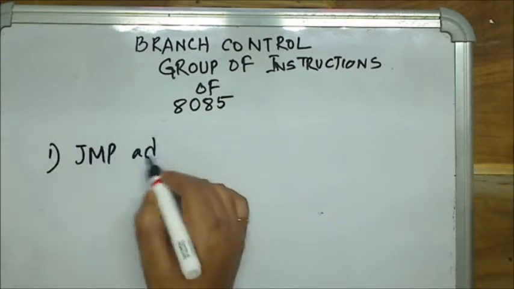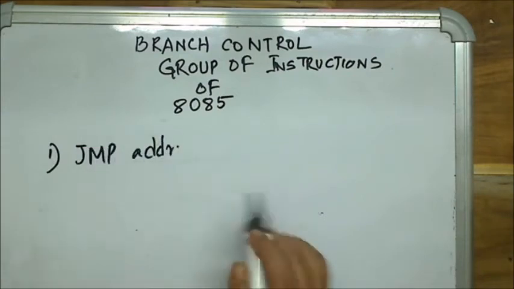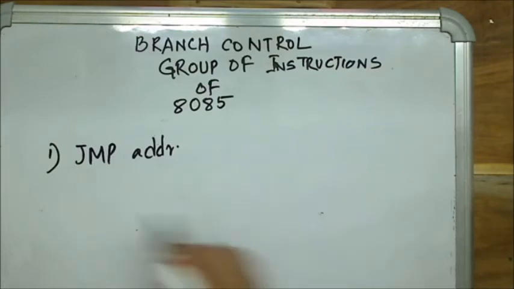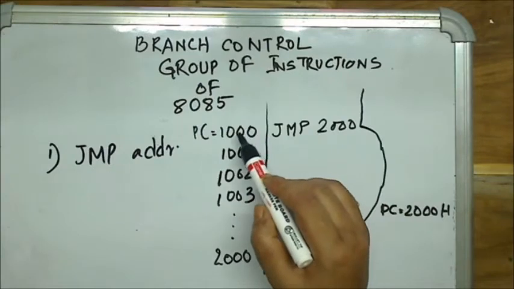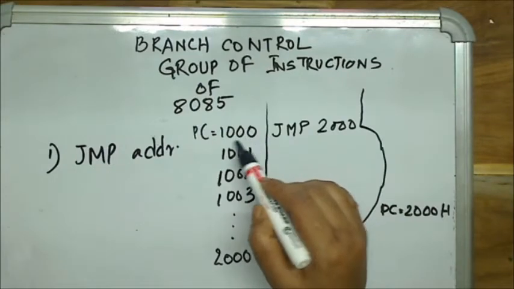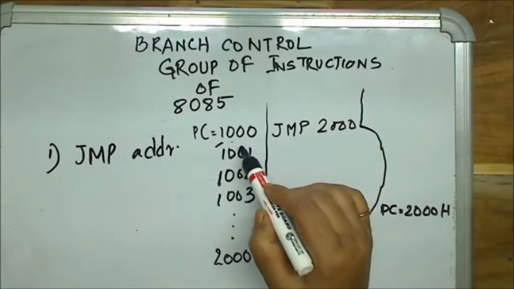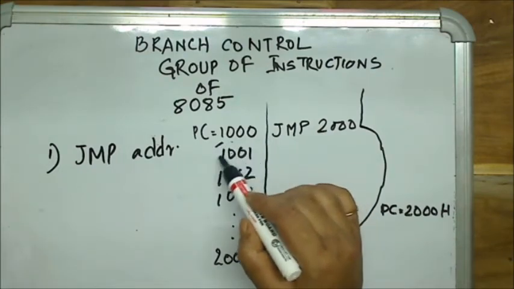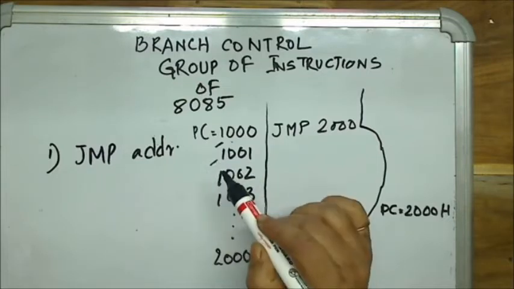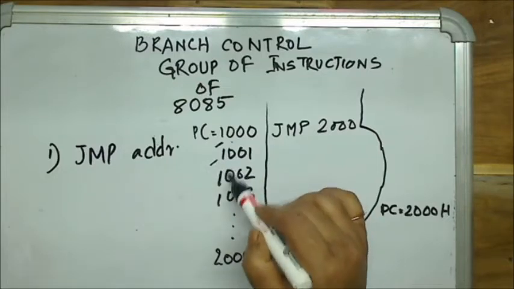Jump takes any address, any 16-bit address. Now see here, we are in memory location 1000. Under normal circumstances, what will happen? We will go to the next memory location 1001, and so on.